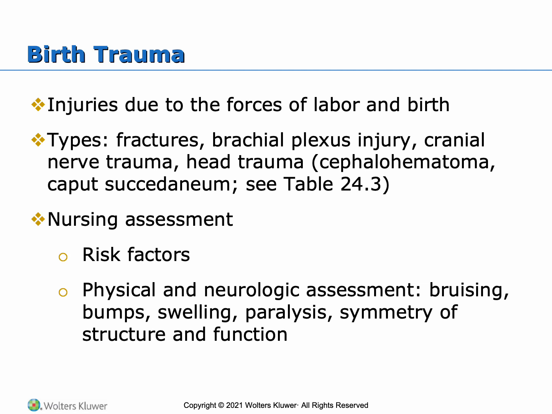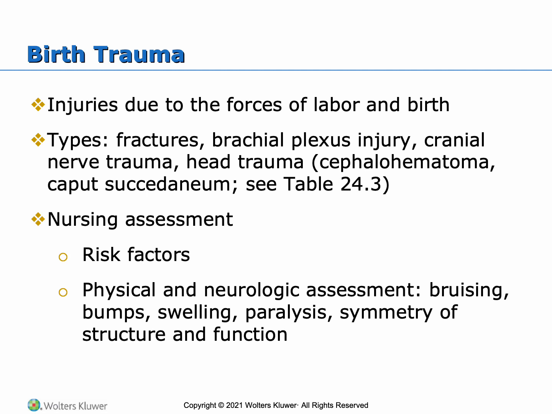Birth trauma. The most frequent birth injuries are bruising, fracture, and cervical plexus injuries. Also, significant birth injuries can be skull fractures, brain hemorrhage, or spinal cord damage. C-sections have contributed to the decline in birth injuries.